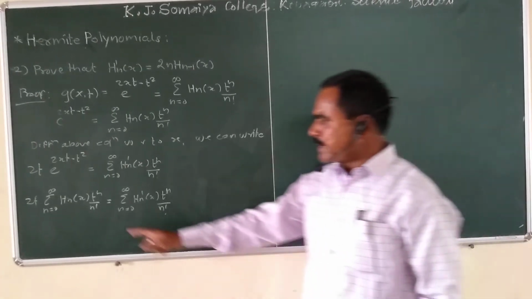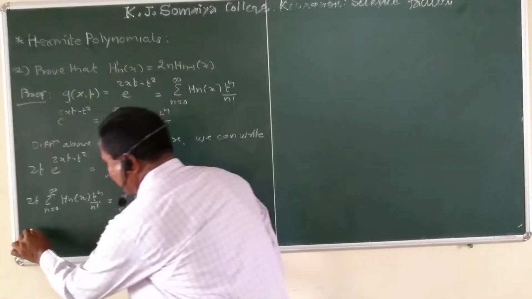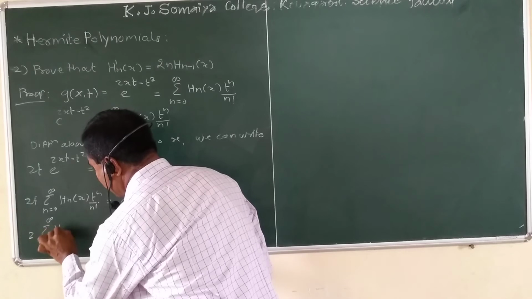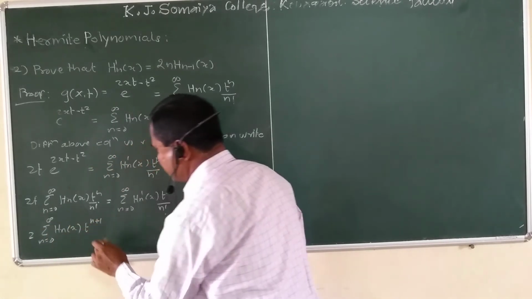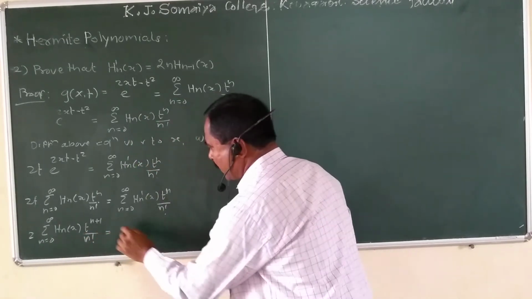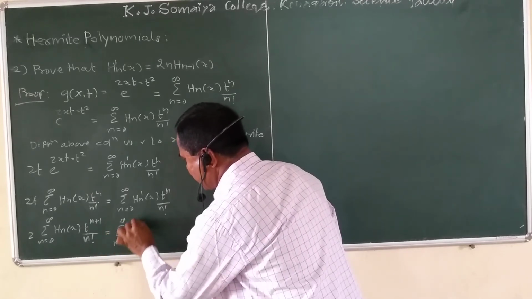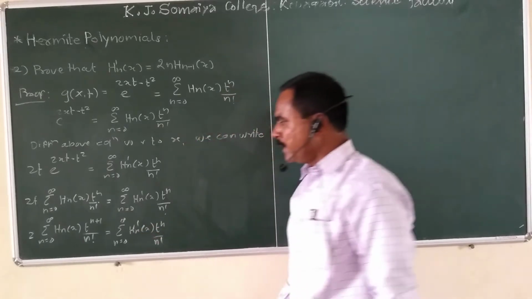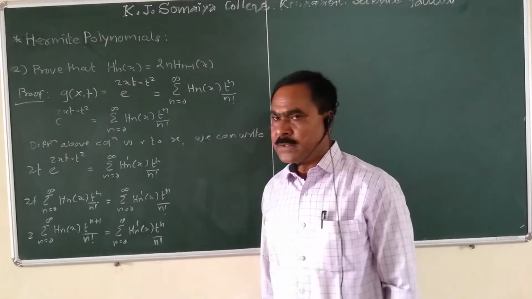Okay, so the next step, we take this t inside the summation. So write 2 summation n from 0 to infinity Hn(x) t raised to n plus 1 upon n factorial equal to summation n from 0 to infinity Hn dash x t raised to n upon n factorial.